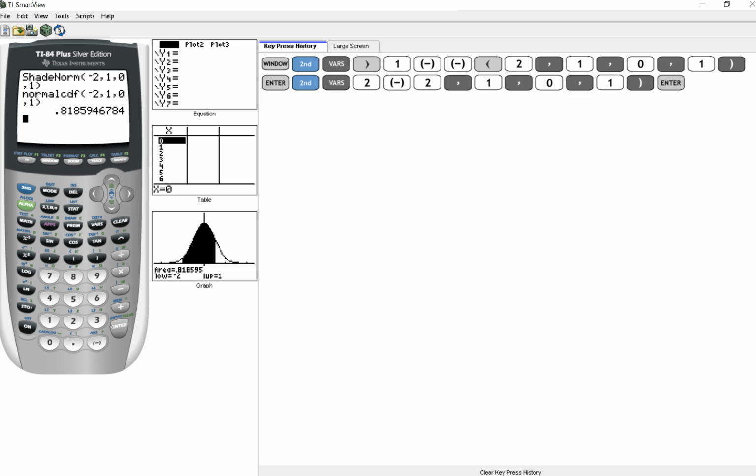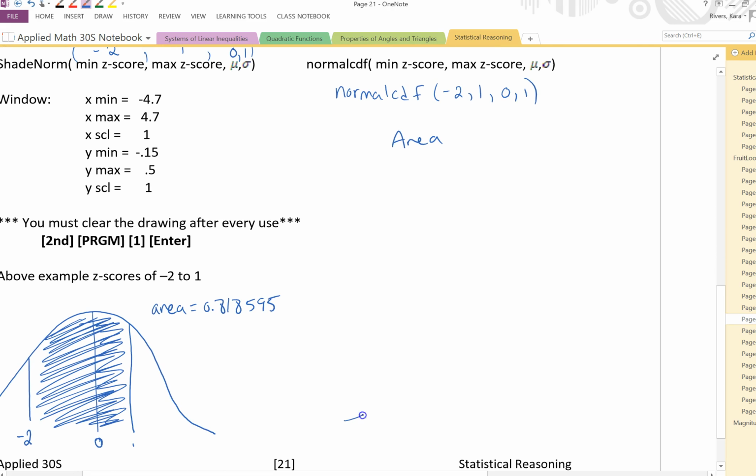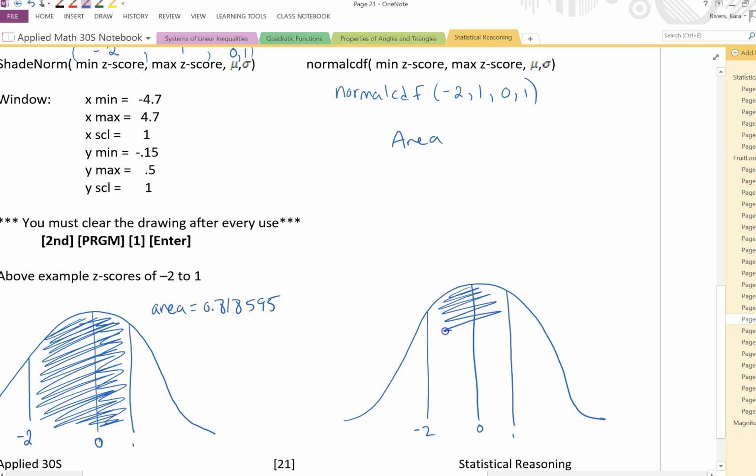So you don't have to worry about the diagram. You do, however, have to draw it. Okay? So not having seen the diagram, you need to know what you're drawing, which I like because it makes sure that you understand the concept. So we're going from -2 to 1. You'd shade that. Show me that this is the area that we're representing, right?